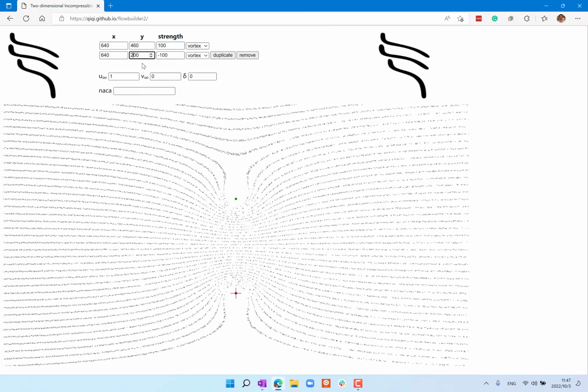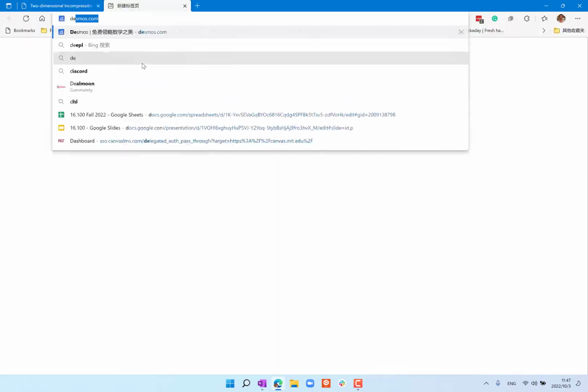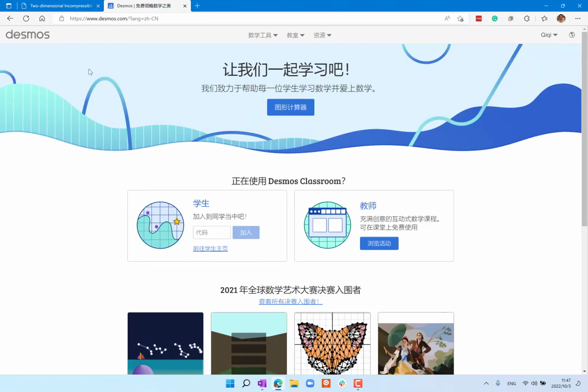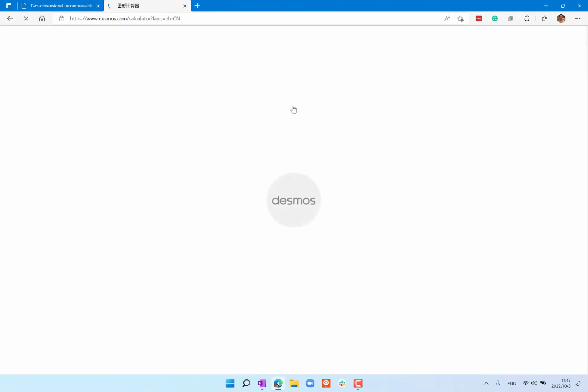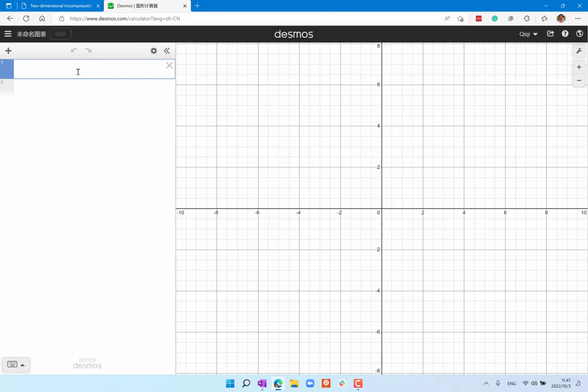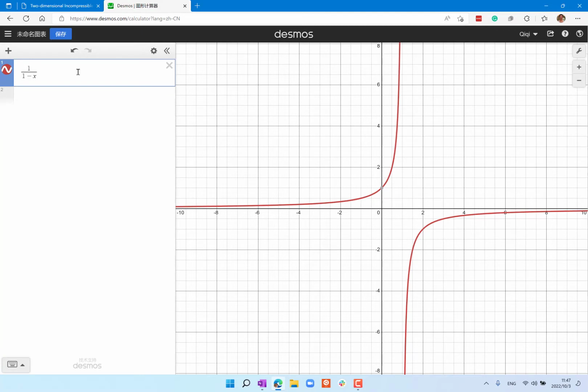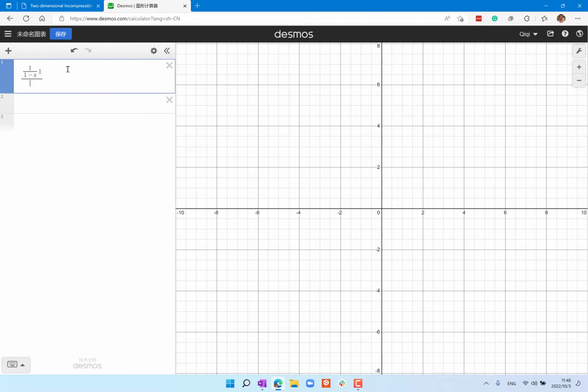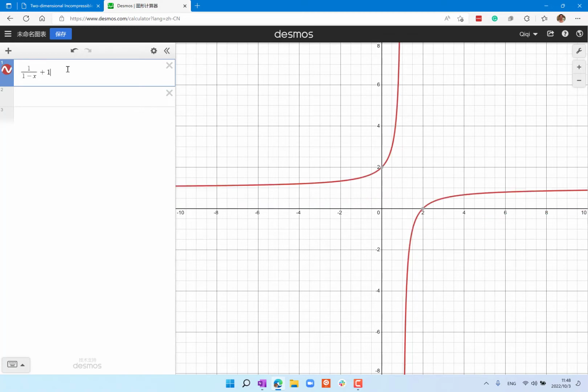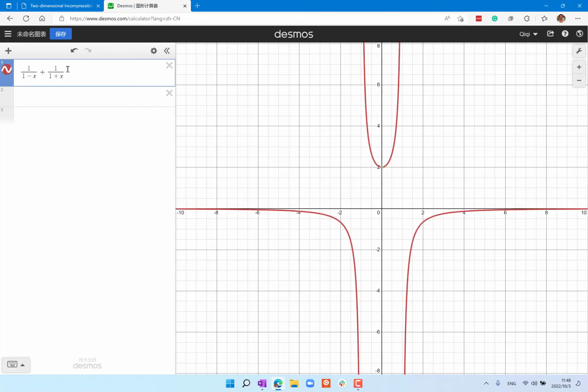One goes like this, one goes like this. If you go to decimals and just add up two functions, one is 1 over, let's say, 1 minus x, and another one is 1 over, in this case, 1 plus x, right?